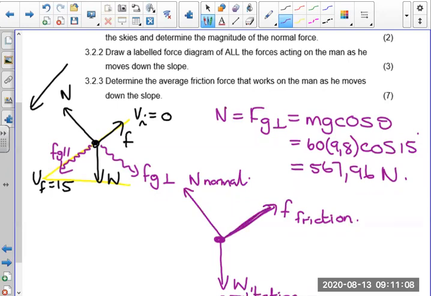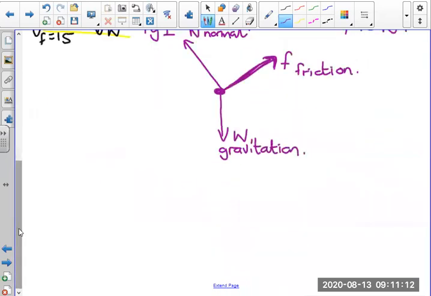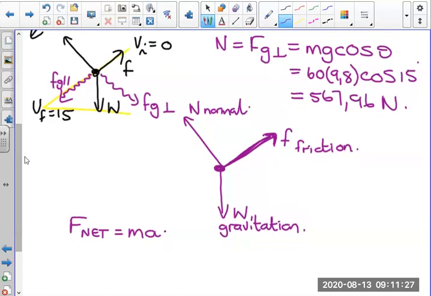Okay. So again, what I'm going to do is start with Newton's second law. So I'm going to say F net equals m times a. Now, of course, this person is accelerating because he starts with an initial velocity of 0. He ends with a final velocity of 15.